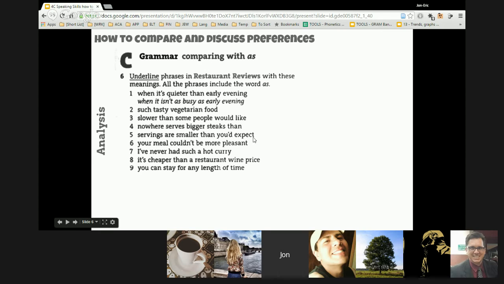Yeah. Nowhere has steaks as big as the El Paso. No one has steaks the same as El Paso. Yeah. See what I mean? Yeah, I get it. But can I use that?